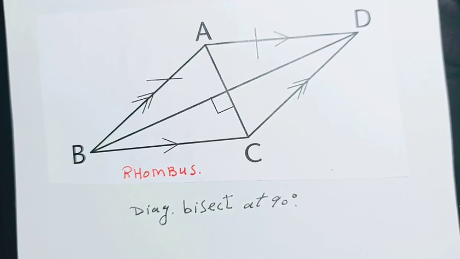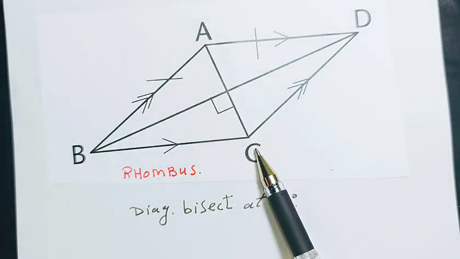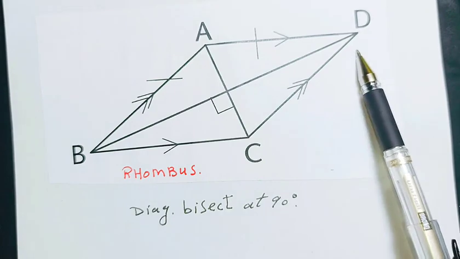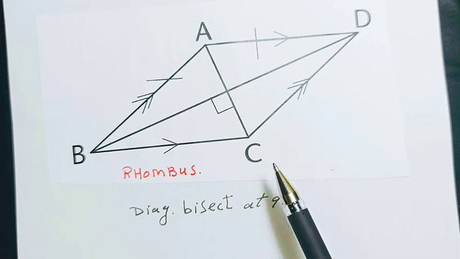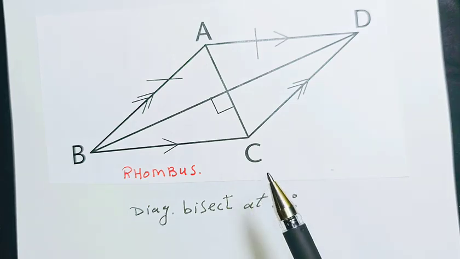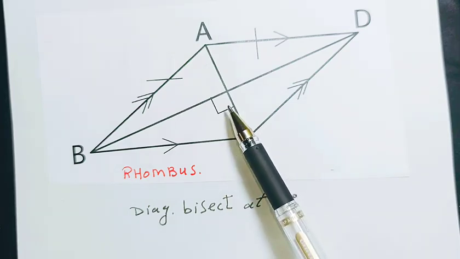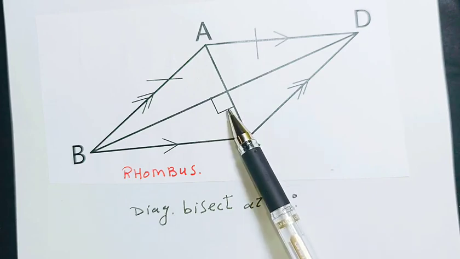To prove this is a rhombus, we have to prove the diagonals bisect at 90 degrees. So we're going to take the gradient of AC and the gradient of BD, and if you multiply and the answer is equal to -1, then we can say they bisect each other at 90 degrees.